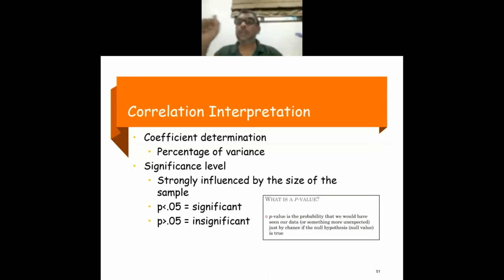Okay, so in coefficient, you also will get the p-value, the significance value. P-value is the probability that we would have seen our data or something more unexpected just by chance if the null hypothesis is true. So what does that mean?